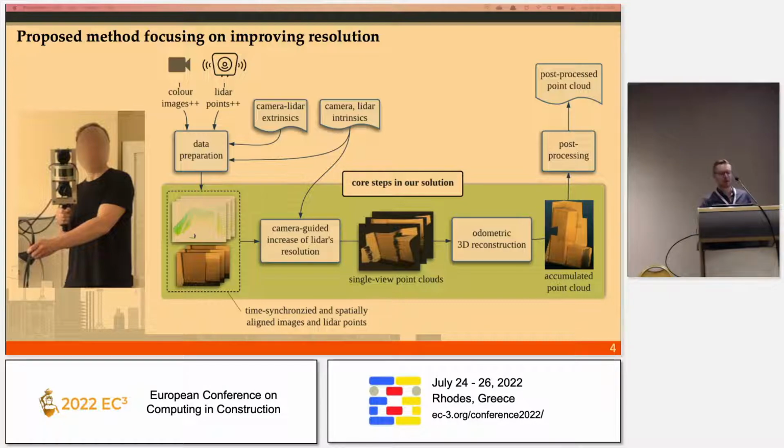Basically, the input is a stream of color images and LiDAR scans, and the first step is data preparation. The thing is that a camera and the LiDAR do not know about each other. They basically send messages. Each image and each LiDAR scan I will call a message, and those messages are sent asynchronously, so they don't know about each other.